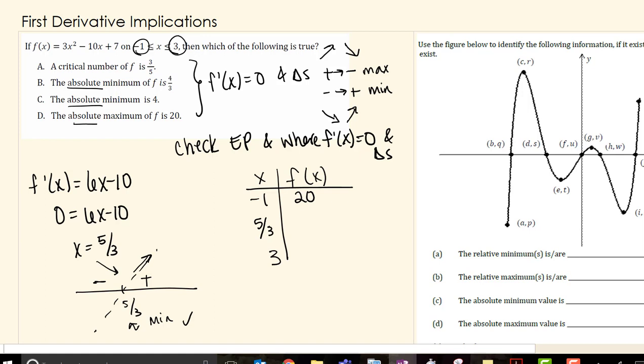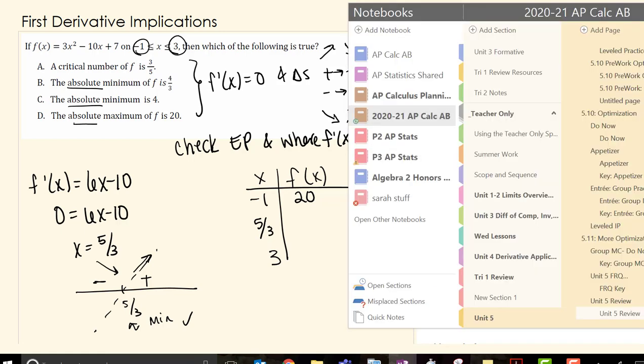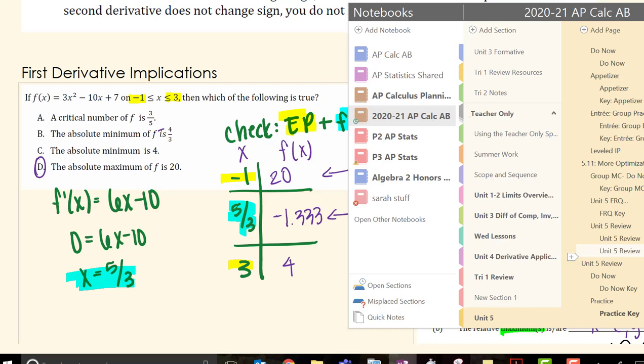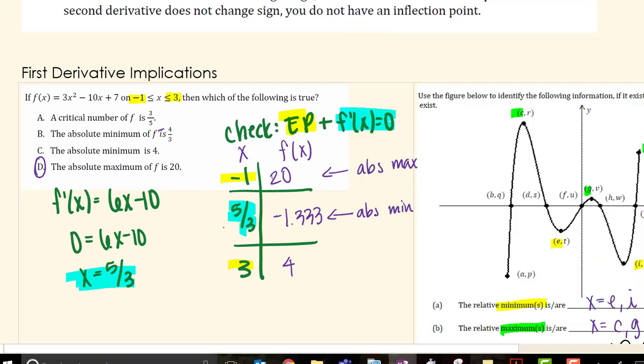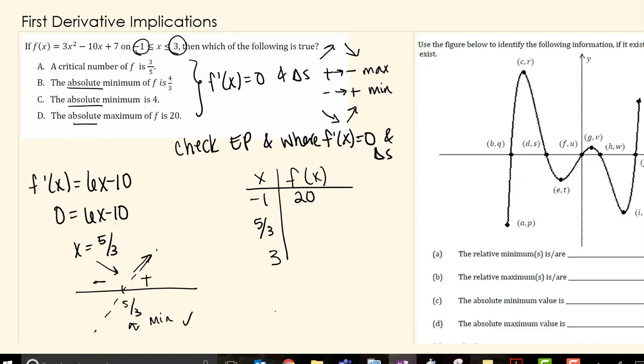Honestly, at this point, we can choose the answer of D. But if you were to keep on going and fill out these other pieces, you could have seen that 5/3 gives you a point, 5/3, -4/3, and then 3 gives you an output of +4. So I'm going to come back out here, -4/3, +4. So here is going to be my maximum.